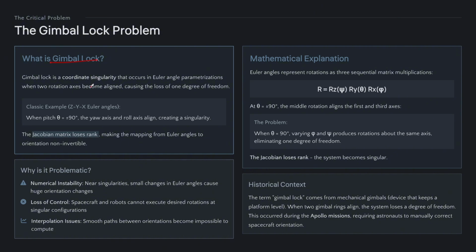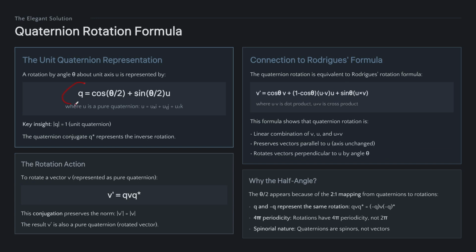Quaternions solve this elegantly. A rotation by angle theta around the axis u is represented like this. Applying this rotation to a vector v is done via conjugation, like this.